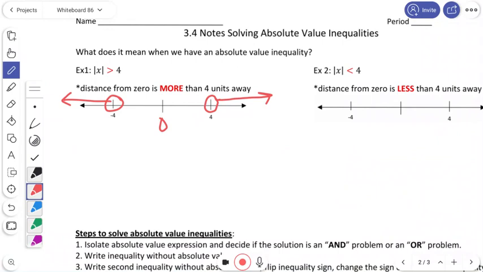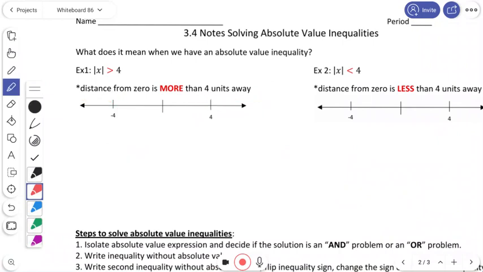But if we are writing our answer as an inequality expression, we would say x is less than -4 or x is greater than +4. Now you might be asking yourself, or me, whatever, Ms. Guidry, or self, how do I know it's an or problem and not an and problem?